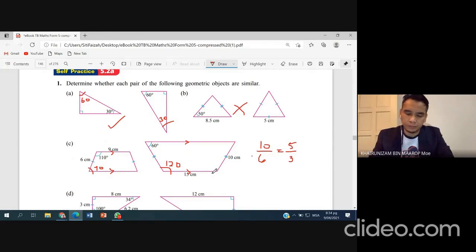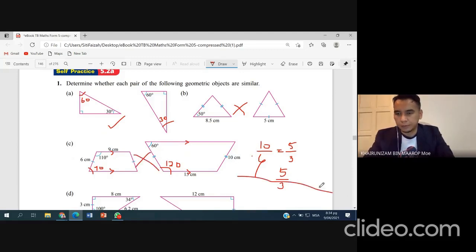If 15 divided by 9, okay, we can get 5/3 as well. Okay, the sides we can get the same ratio, but for the angle, no. We cannot get the same angle, or the angle is not equal. So this one is not similar.